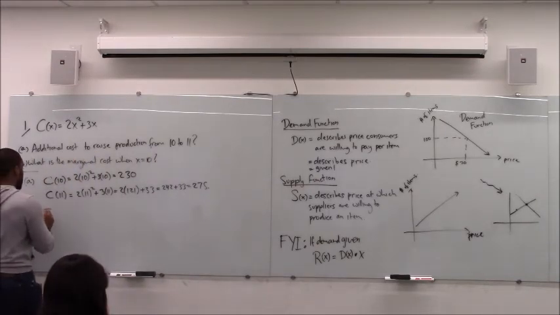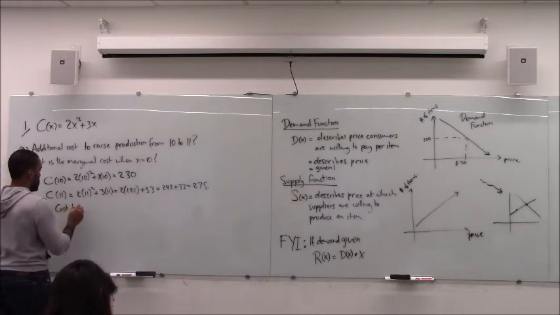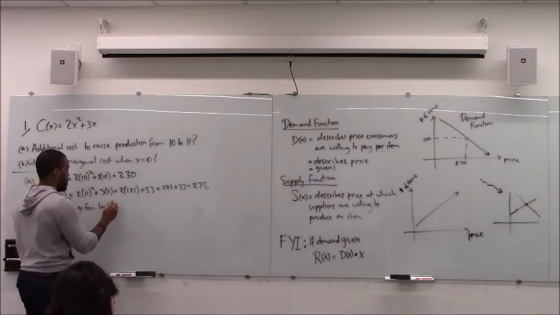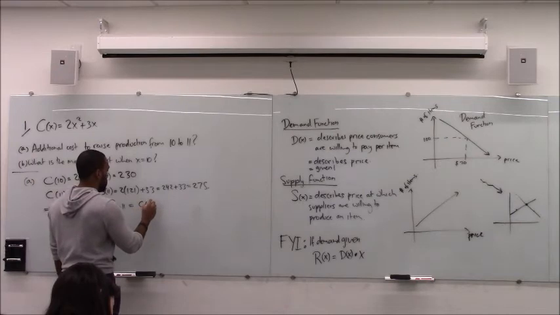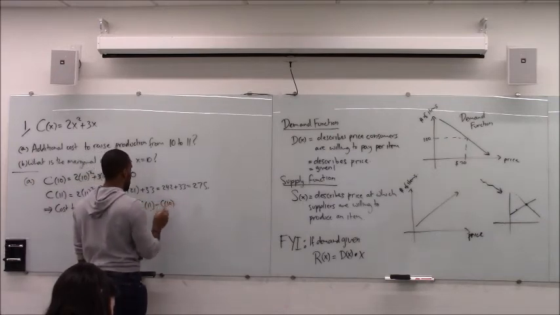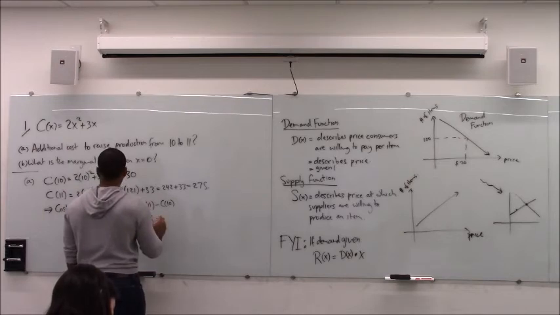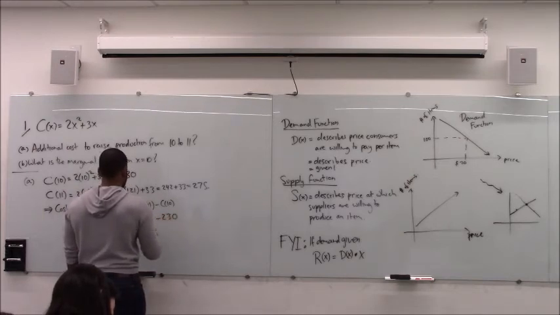So this means the cost to go from level 10 to 11 is going to be C of 11 minus C of 10. That is 275 minus 230. That is going to be 45.